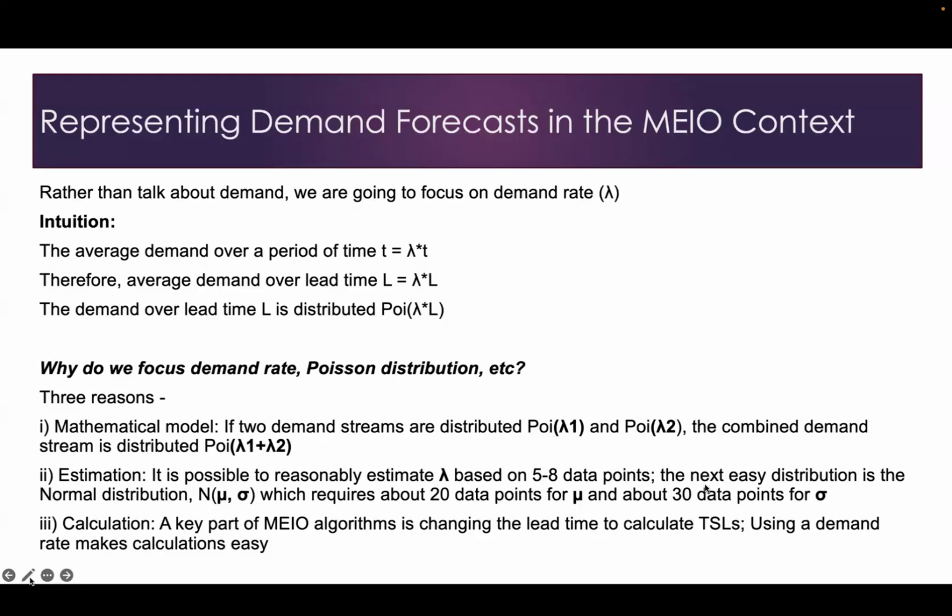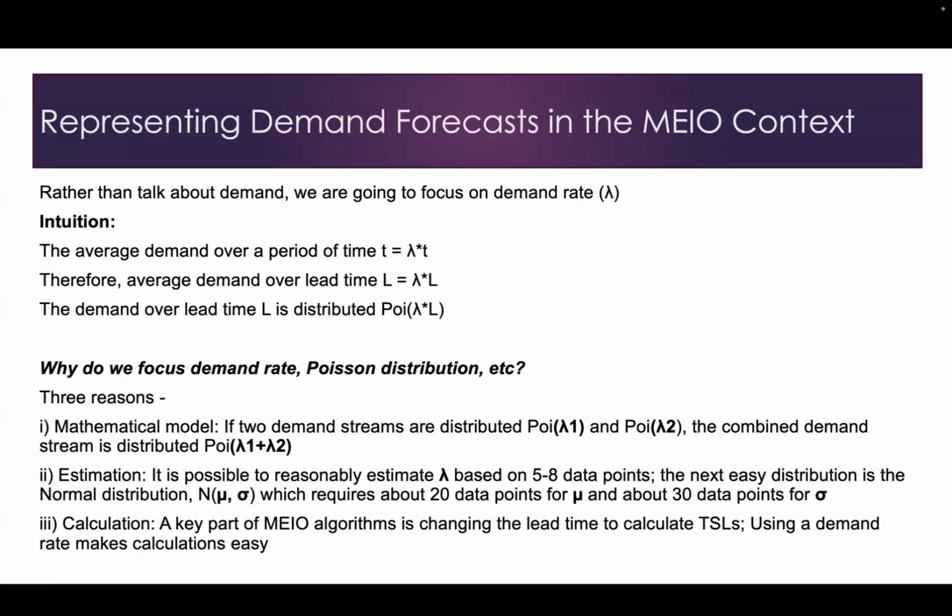The next easy distribution to calculate is the normal distribution. And a normal distribution has 2 variables, a mean mu and a standard deviation sigma. And that requires about 20 data points for mu and 30 data points for sigma. So you need at least 30 data points on demand, etc., to get a good handle on that.